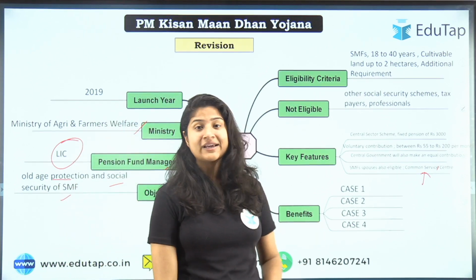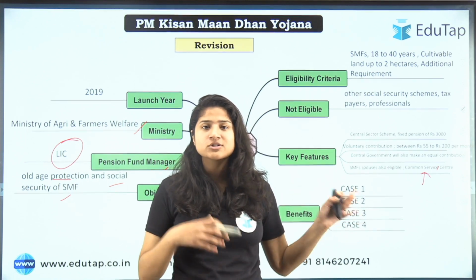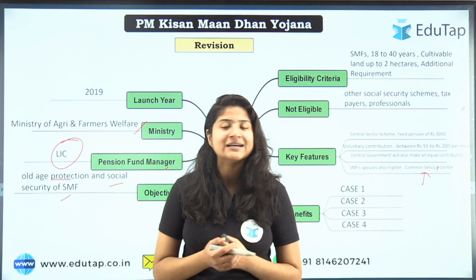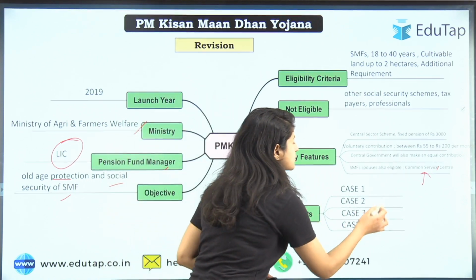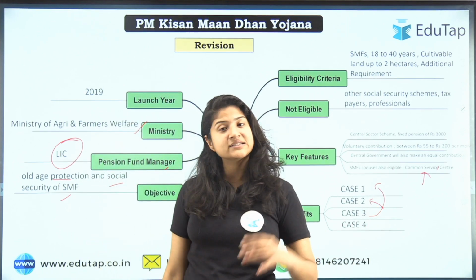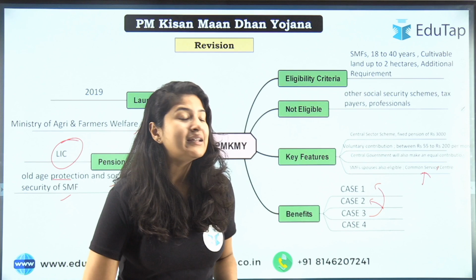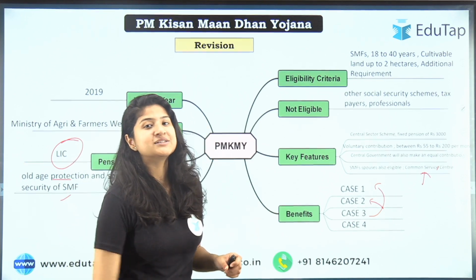Then we had case 3, the beneficiary dies. If he dies before retirement, the spouse or the nominee, whoever was written there, can continue or discontinue, but again in accordance with case 1 and case 2. And in case 4, if both the beneficiary as well as the nominee and spouse died, then the money would be sent back to the fund of this pension scheme.